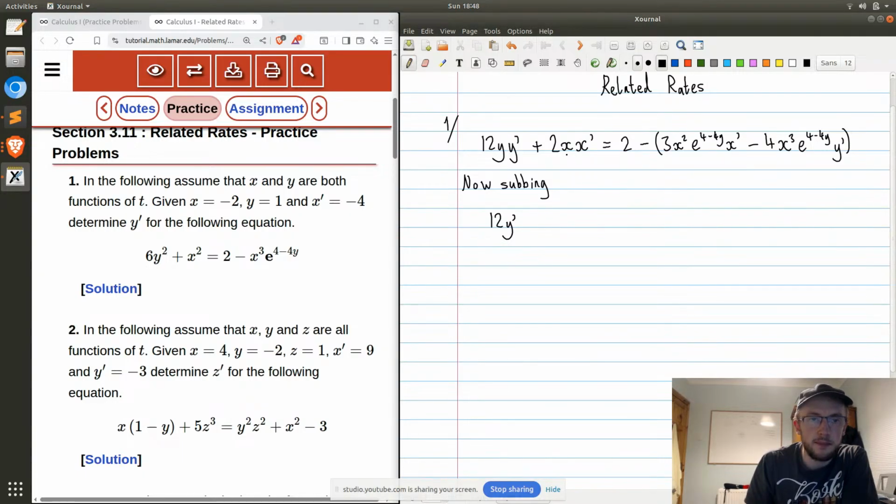This next term, 2 times -2 times -4, so it's going to be 16. Square of -2 is 4, so we're going to have 12. And then what's this here? Okay, so that's just 12. And -4.